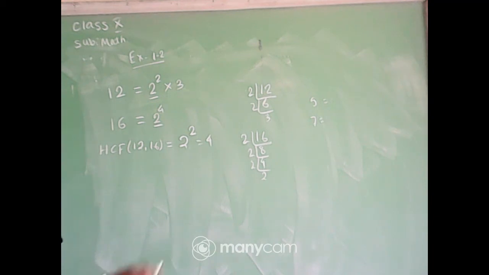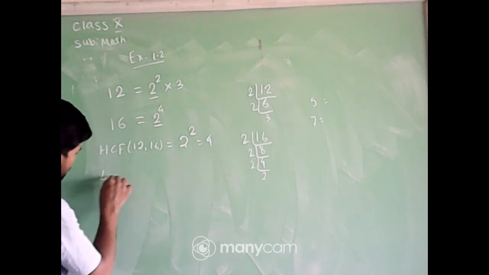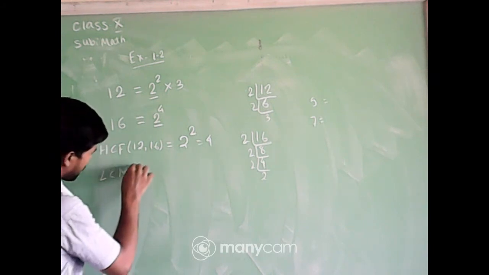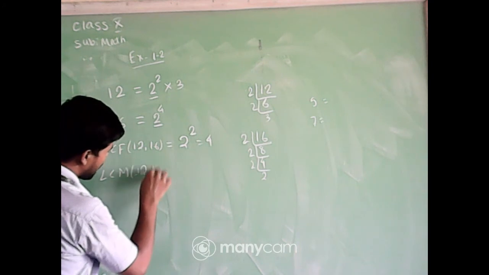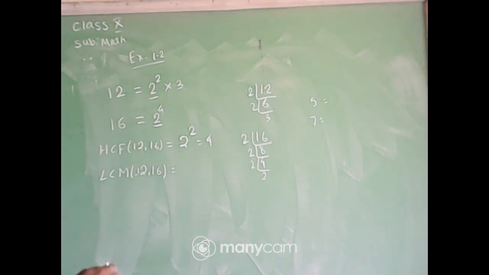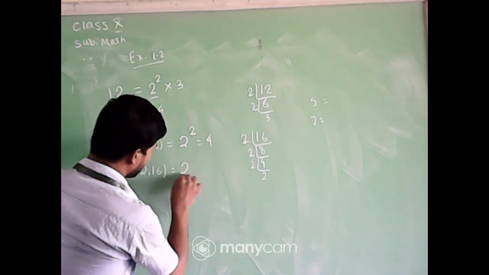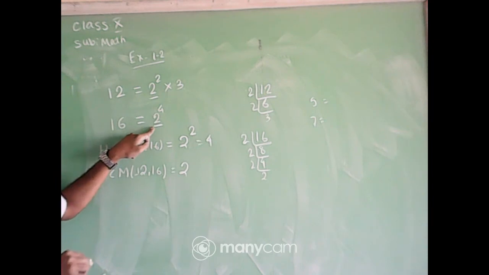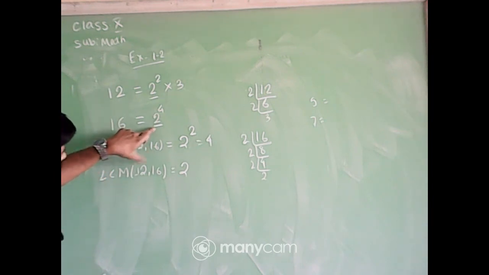Okay, I will give you a few more examples. Now find the LCM first, LCM between 12 and 16. So for LCM we'll almost follow the same thing. First we will write the common factors in both the terms. So between 12 and 16, 2 is the common factor, so write 2. And in case of LCM, we have to write the maximum power of the common factor.